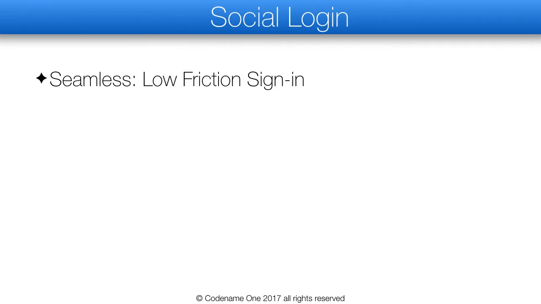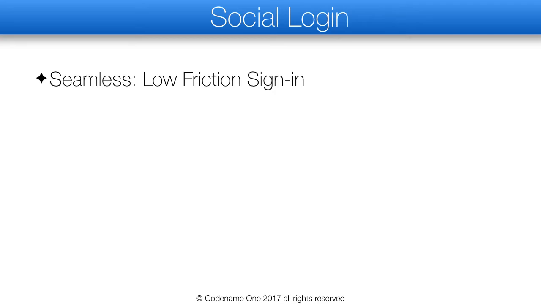Social login lets us authenticate a user without getting into the username password complexity. This is usually almost seamless on devices where the pre-installed social app is invoked explicitly and the user just needs to approve the permission.